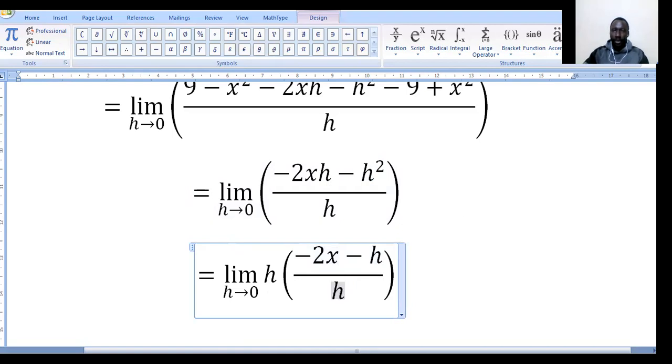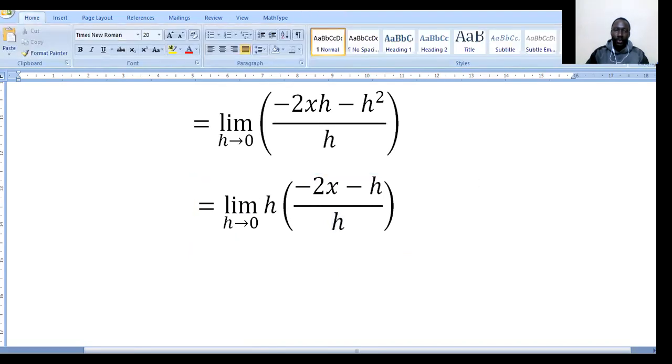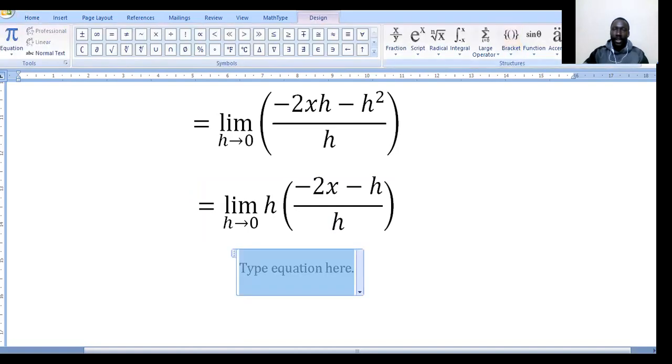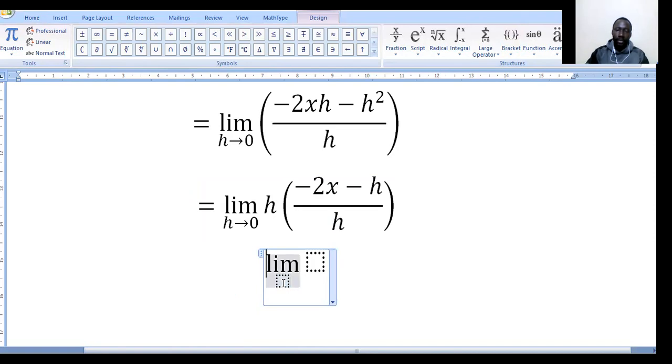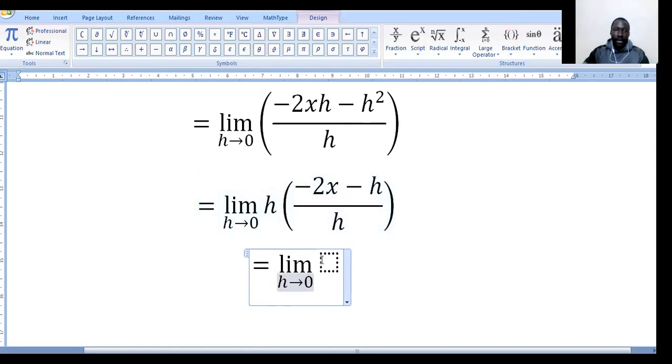All right. From here, you notice that we can cancel these two. We can cancel this and we cancel that. So when we cancel the two, what we are going to be left with is the limit as h approaches 0 of minus 2x minus h.